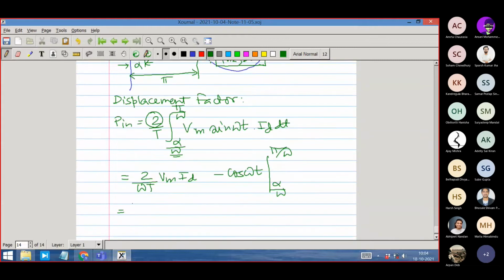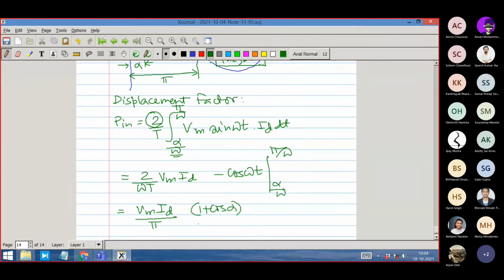So therefore we'll get this equal to Vm ID, and omega T is equal to 2 pi, 2 cancels, so Vm ID by pi into 1 plus cos alpha. So that is the power, calculated from first principles.